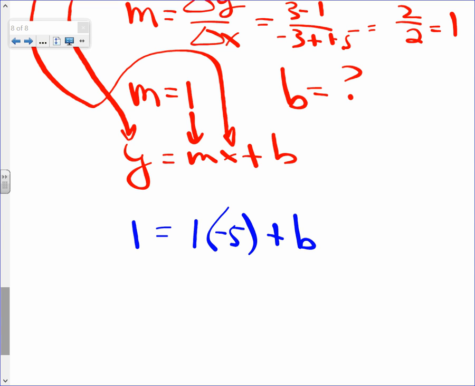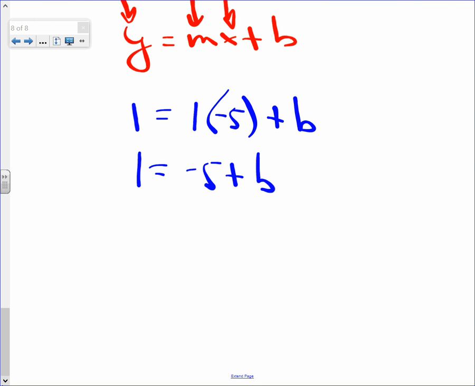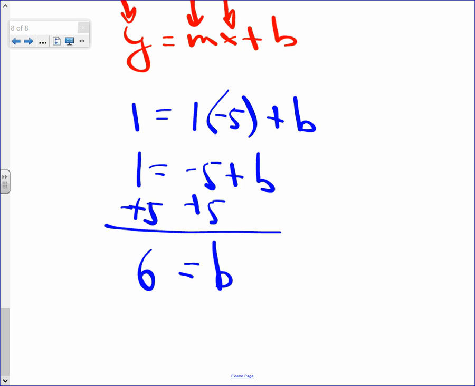Here we go. 1 equals 1 times -5, which is -5, plus b. How to get b by itself? So b then is 6.